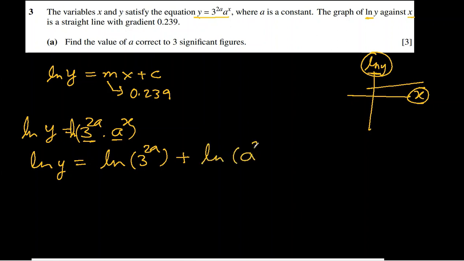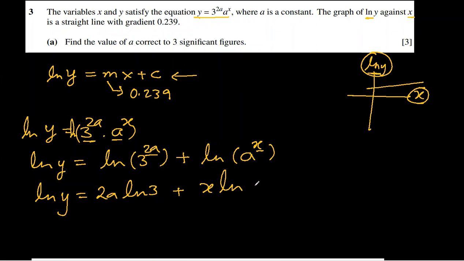So this becomes our new format, but still nowhere near to this one. So let's bring these exponents to the front and they will become the coefficient, and then we will be closer. Ln y is equal to 2a ln 3 plus x also comes here and ln a. Let me rearrange this to match with our required format.